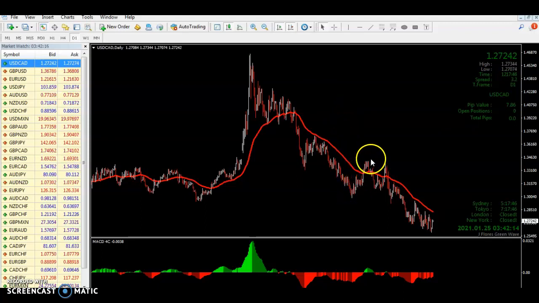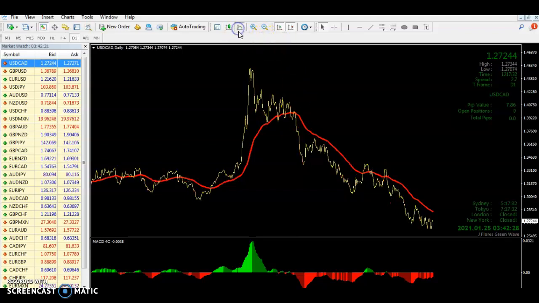Sometimes it'll go sideways, but even when it moves sideways, it's doing smaller ups and downs, right? Smaller zigzags. So that's what we trade, waves. USD CAD, okay, and there's a technique that I'm not going to be teaching the whole technique here, but I am going to be doing the analysis with that technique, okay?